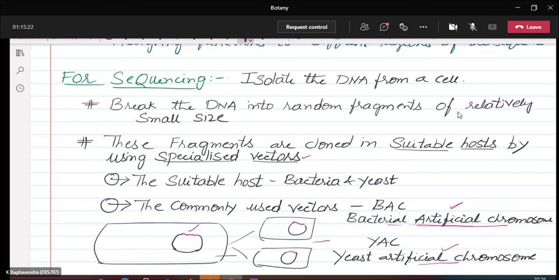Okay. Second step. Breaking the DNA into random fragments. Very good.